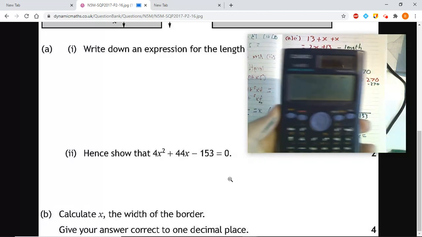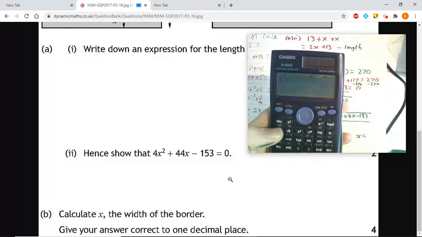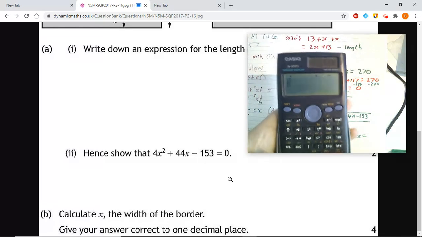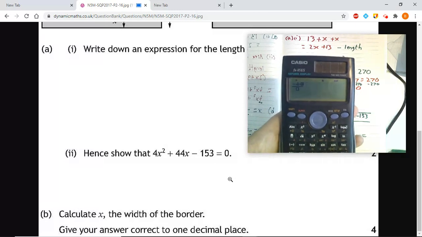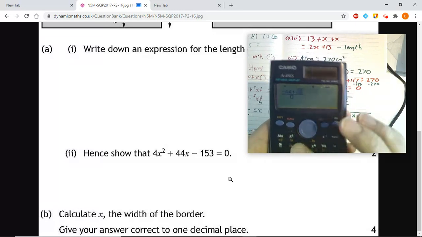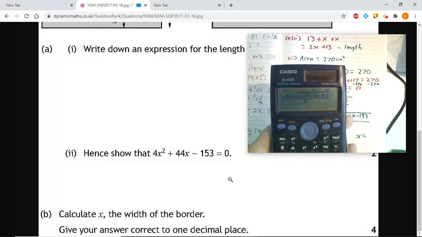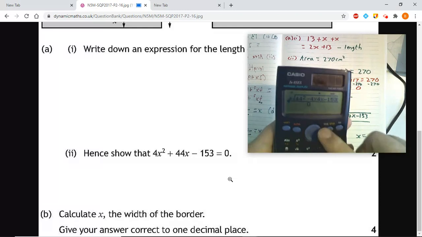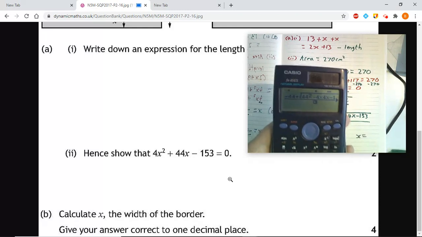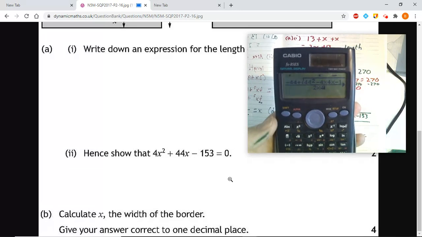You're going to be clever about how you do this. Make good use of what your calculator can do. It can do fractions. So we can do minus 44, and I'm going to do the plus one first. So plus the square root of 44 squared minus 4 times negative 153, all over 2A, which would be 2 times 4. I've just typed that into the calculator, and this is what it looks like.